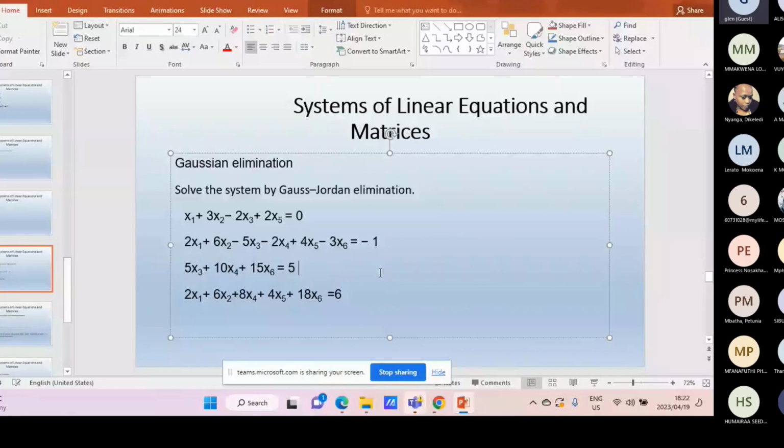Is that the simplest way that you can explain it to us? Yeah, for me, this is the simplest way. Gauss-Jordan elimination is the one whereby the matrix only has leading ones.